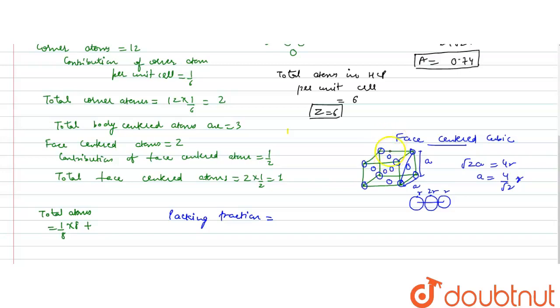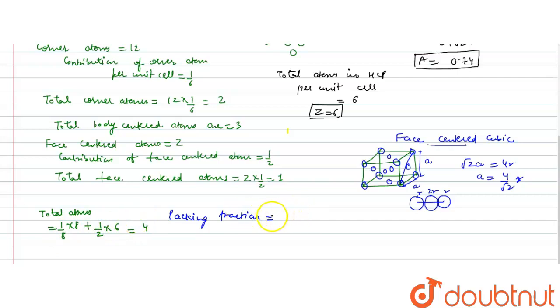One face center atom contributes half to one unit cell, because it will be shared by another unit cell, so it will contribute half. So half into 6 face centers, so this will give us 1 by 8 into 8, this 1, and this is 3, so it will give us 4.